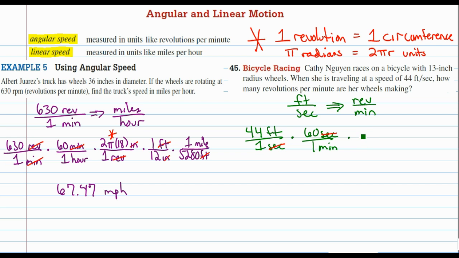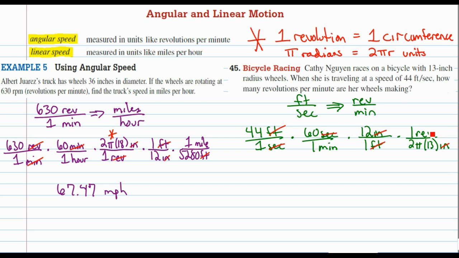So there are 12 inches in 1 foot. So now that I'm in inches, I can say that 1 revolution is 1 circumference. So 2 pi, 13-inch radius wheel, so 2 pi times 13 inches. So now inches will cancel out. See, if I didn't change feet to inches first, that wouldn't have happened. I could have done it later, but it would have been confusing.